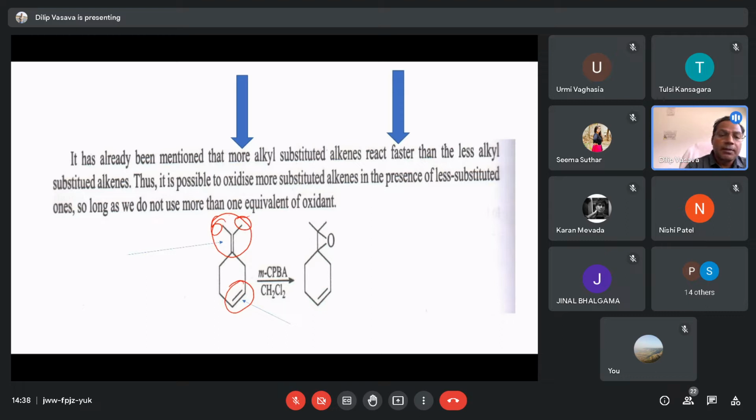So this double bond is more substituted because two methyl groups are there. The more substituted double bond is going to oxidize first, and then this bond is going to oxidize. That is why, in the presence of metachloroperbenzoic acid, oxidation takes place, forming the epoxide.